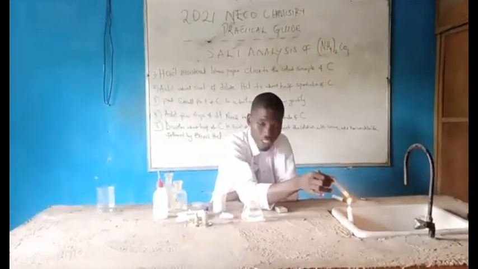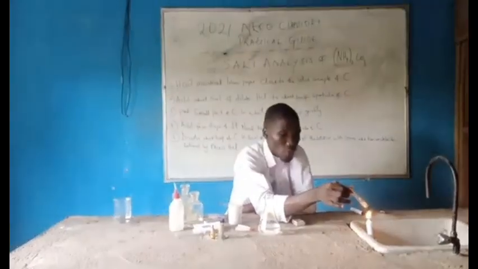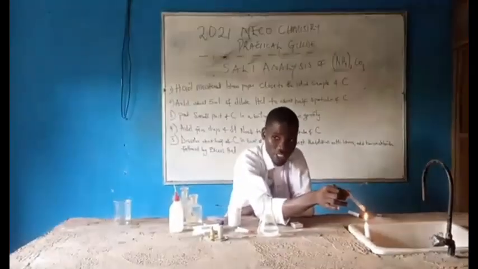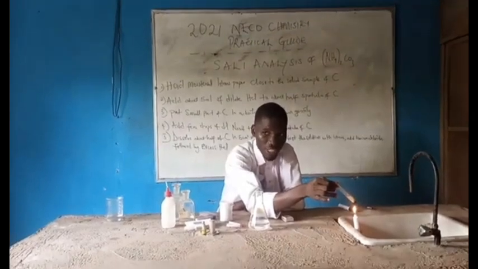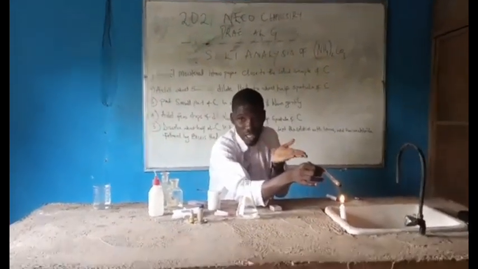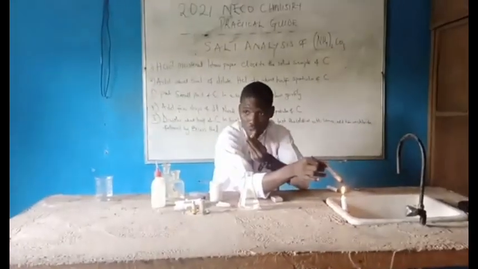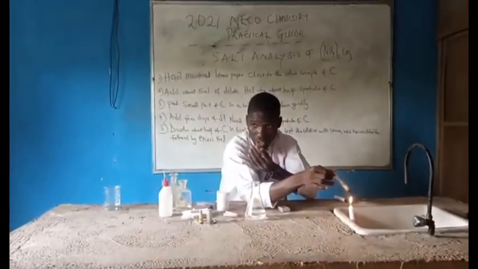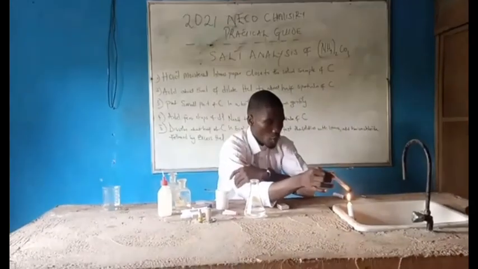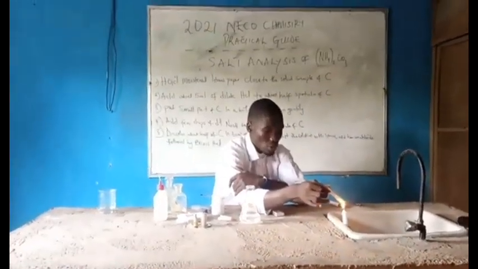As you can see, I can see some bubbles here. But don't forget, we are going to have a white precipitate under the observation. Or we call it fumes, because when I pour the HCl into the sample C with dilute sodium hydroxide, fumes form. Or we call it a white precipitate.